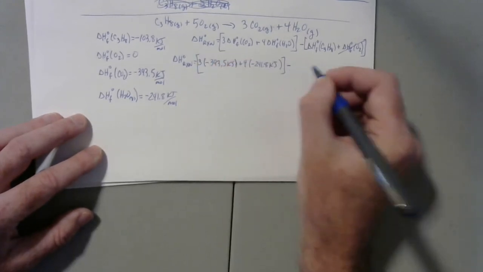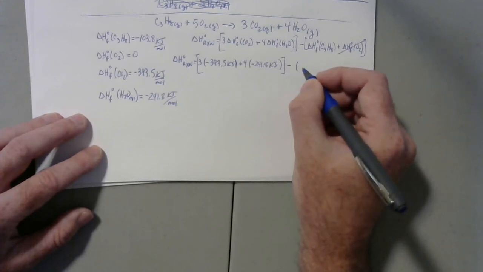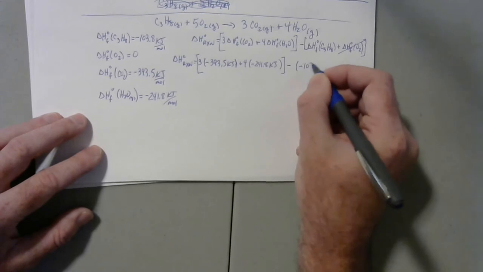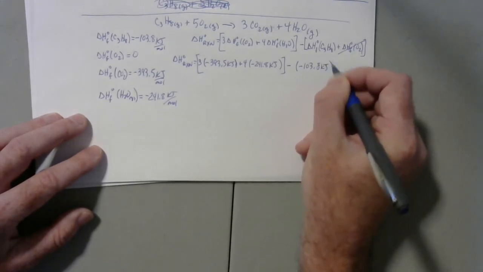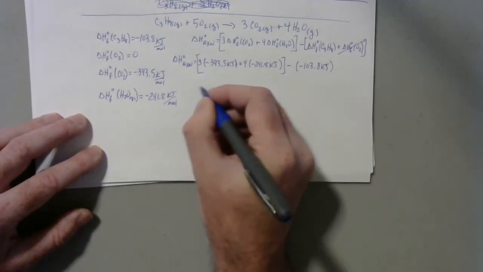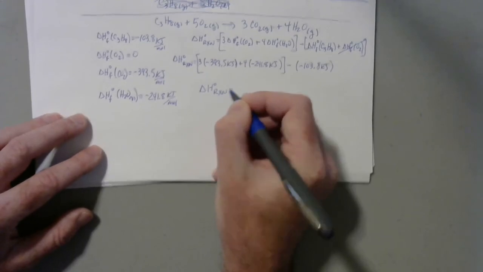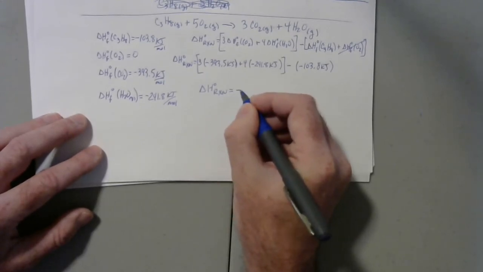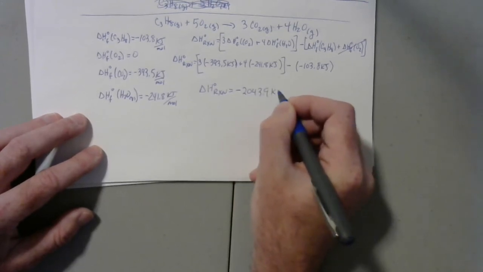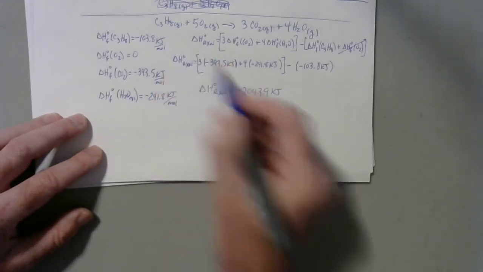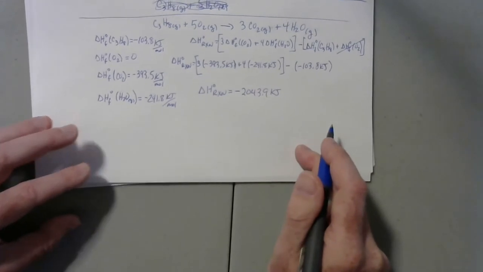We're going to subtract from that the reactants, which is going to be a negative 103.8 kilojoules. So minus a minus is going to be a plus. The standard heat for that reaction, then, once I do all the math, is going to be a negative 2,043.9 kilojoules. And that's going to be the energy for every 1 mole of propane that burns under these conditions.